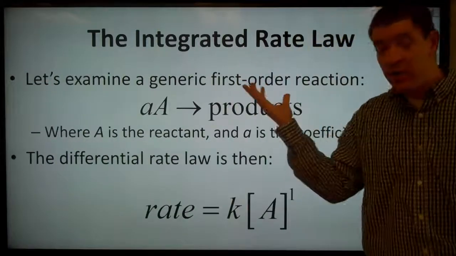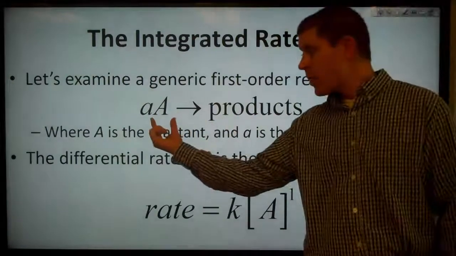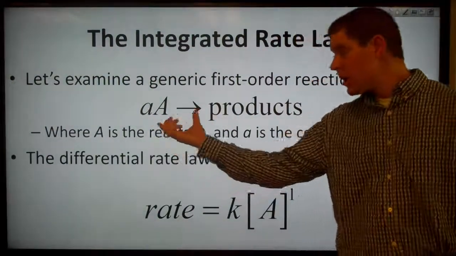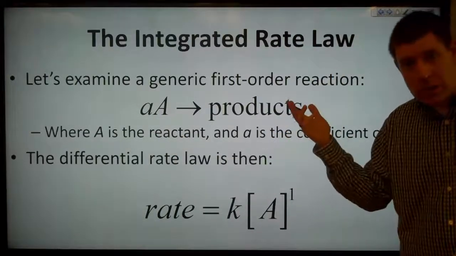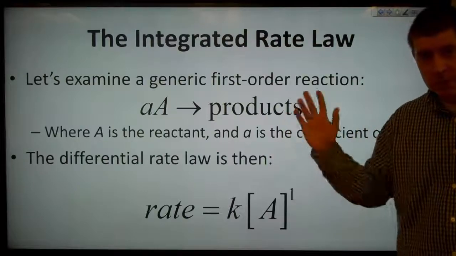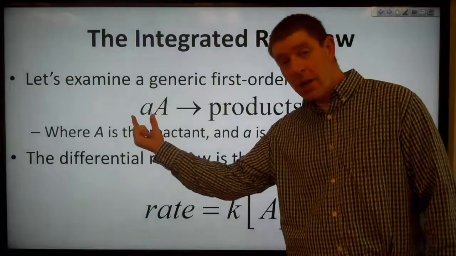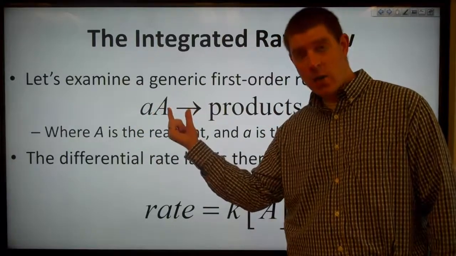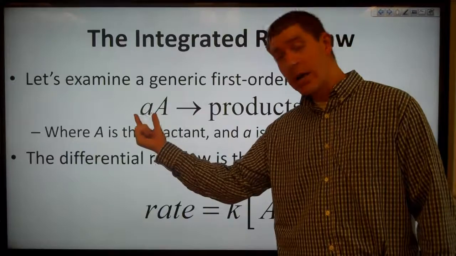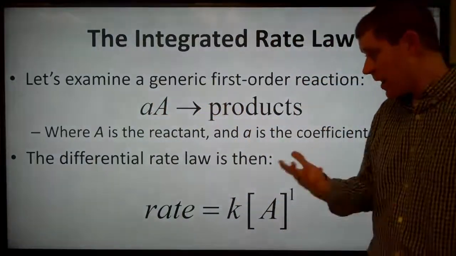So let's look at some generic first order reaction. We have some reactant A reacting to form some products, one product B or some combination of products B and C, doesn't matter. Note that the lowercase a here represents how many moles of uppercase A we are decomposing. The lowercase a is our coefficient, the uppercase A is the identity of our species, whatever it happens to be.